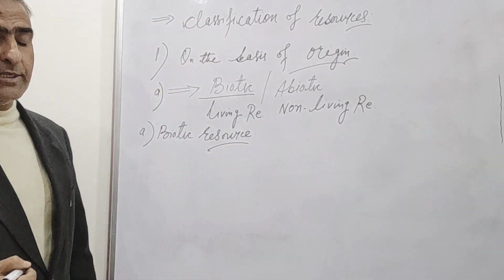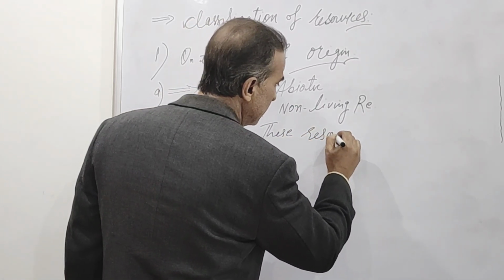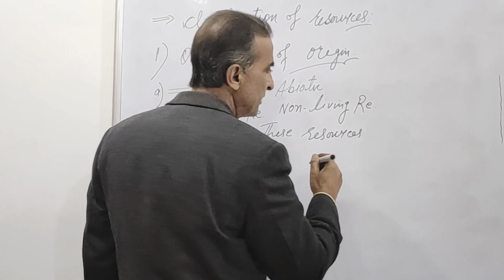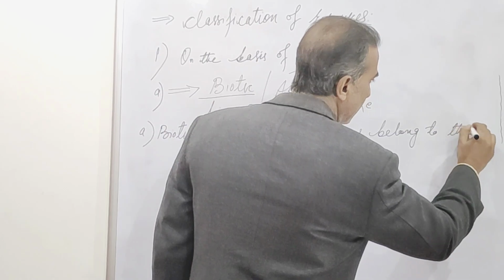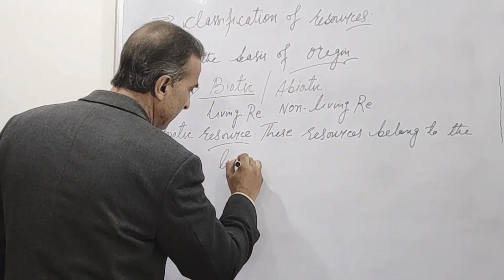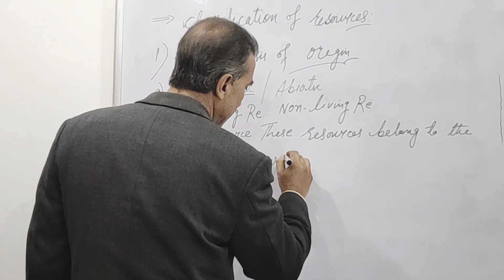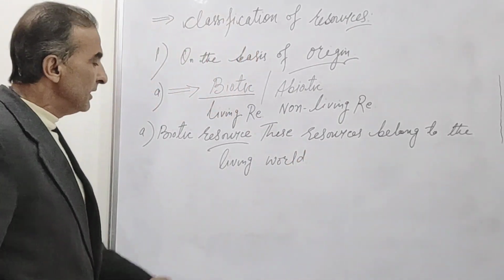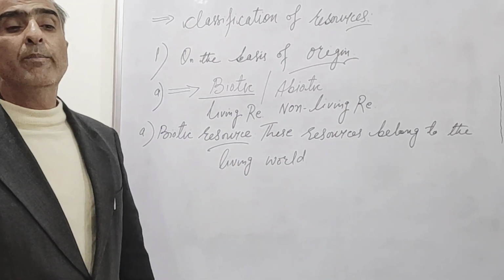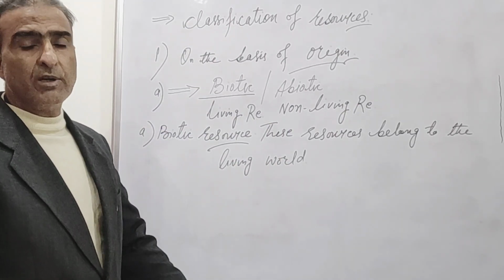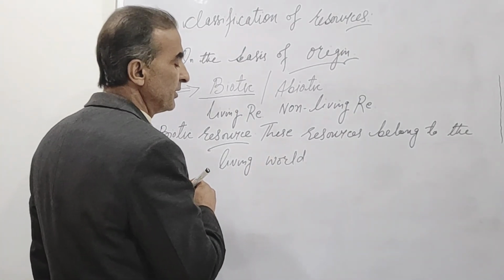Now these are the resources which belong to the living world. Or we can say these resources are living resources which are present in the biosphere. This is also correct.